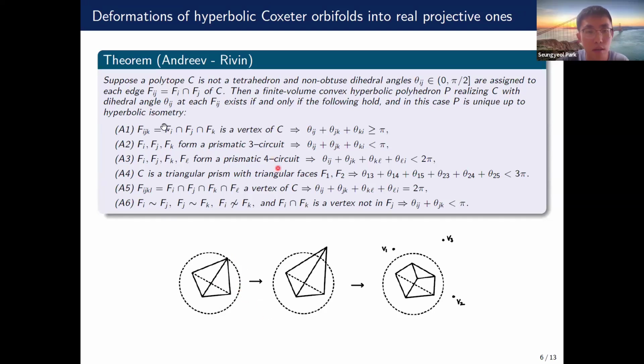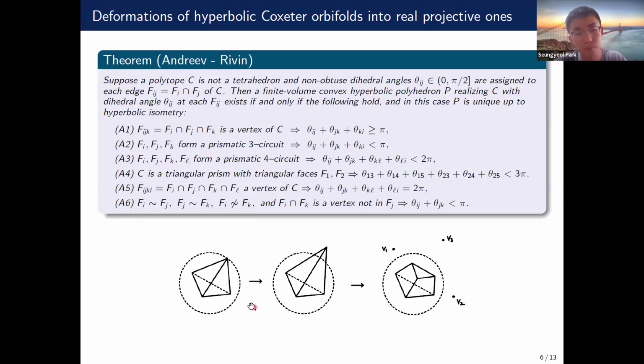Using that theorem, we have a full list of hyperbolic Coxeter orbifolds. So we start with a hyperbolic Coxeter orbifold and consider its deformation space in the real projective geometry. The hyperbolic structure on that orbifold corresponds to a point inside the deformation space of real projective structures.